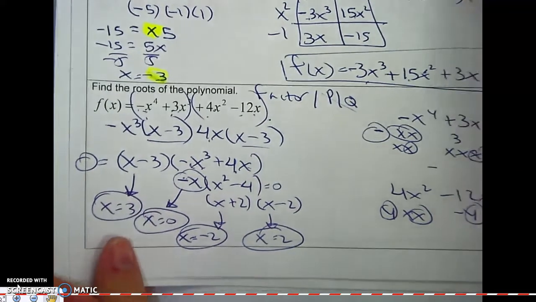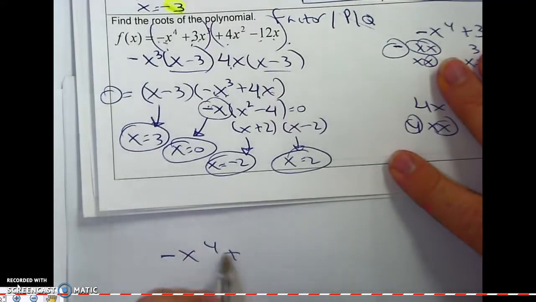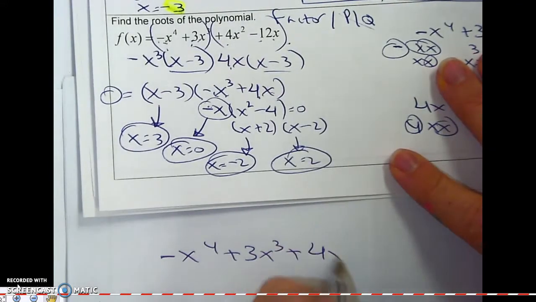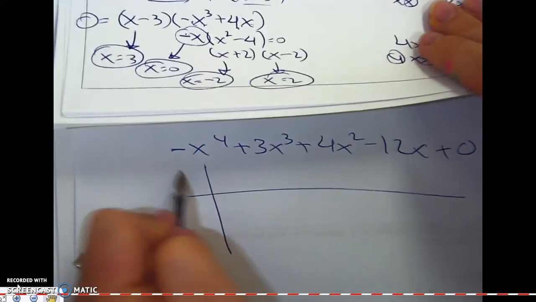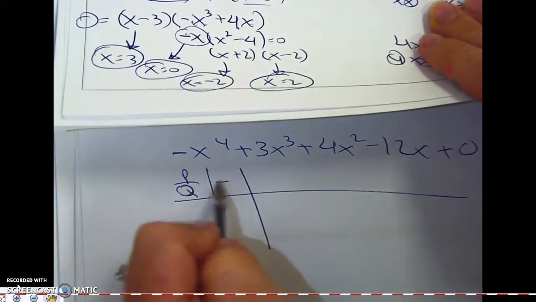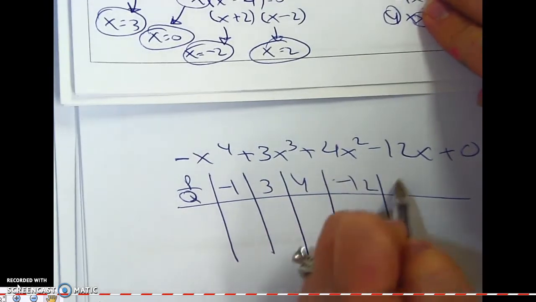If you would have preferred doing the PQ method, then I would like to point out that you had to put a plus 0 here when you're doing your PQ method. So PQ, negative 1, 3, 4, negative 12, 0.